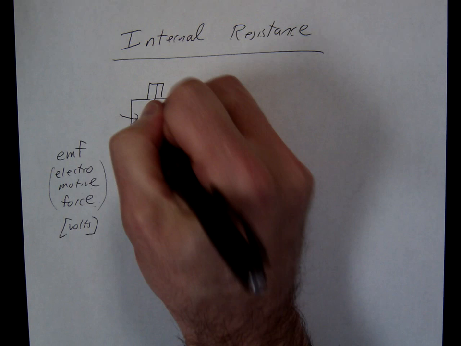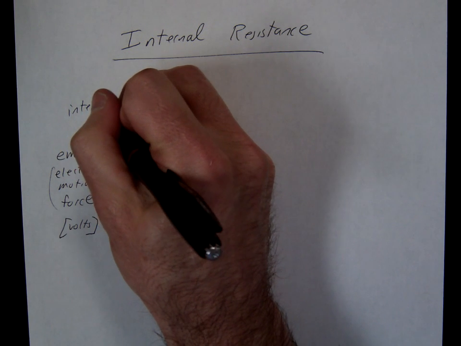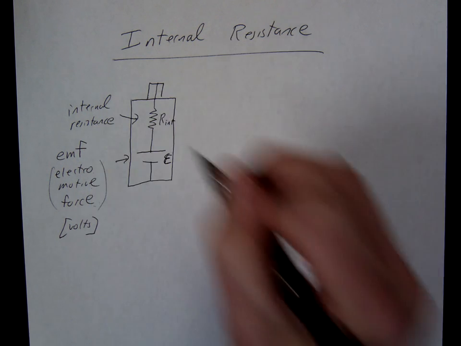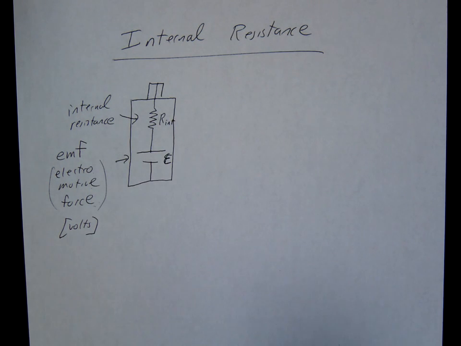Now this is called our internal resistance. And that's just basically based on the battery itself. So the battery has some resistance to it inside of it. We call that internal resistance.